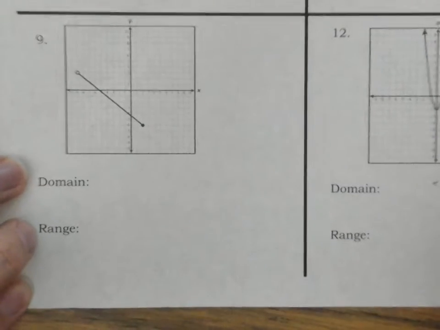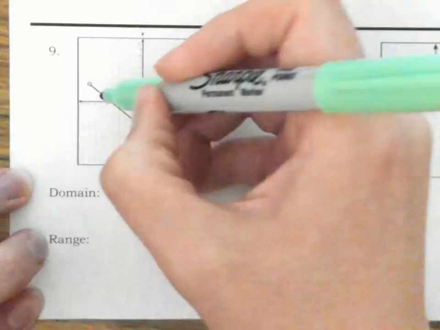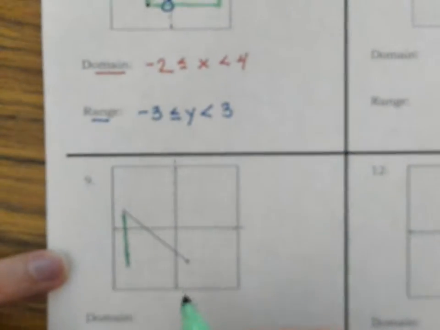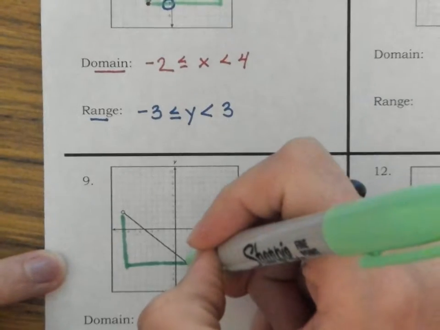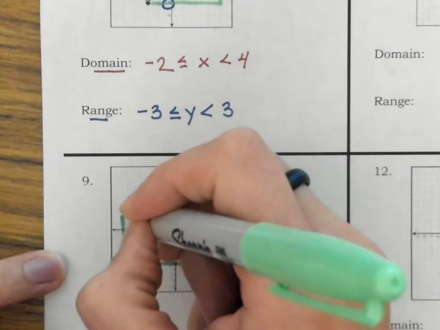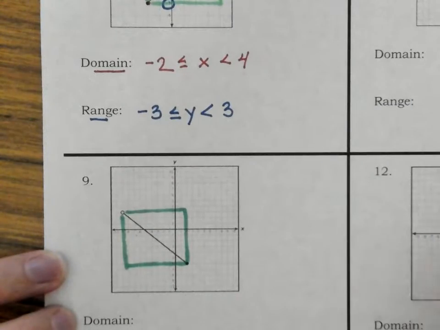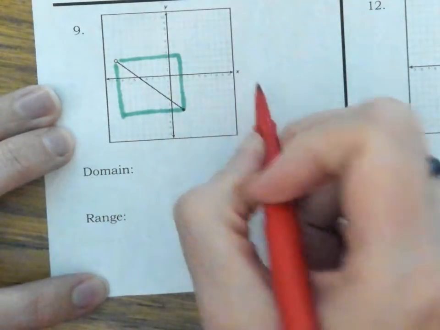Okay, number 9. Similar to number 8. Again, we're going to box it in. All right, these numbers are a little bit harder to see, but they're going by ones.